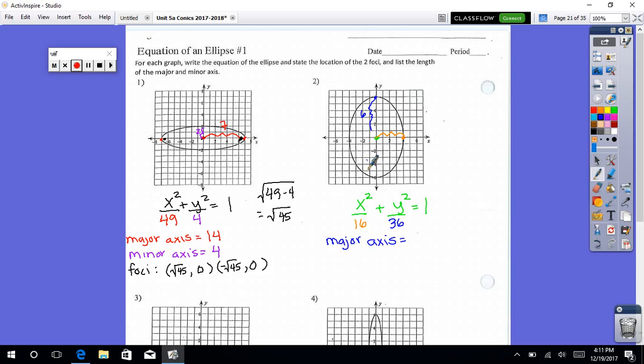Our major axis is 6 plus another 6, which is 12. Minor axis is 4 plus another 4, which is 8. And in this case, our foci are on the y-axis, which means I have an x-coordinate of 0.